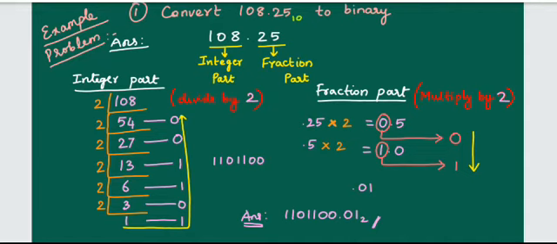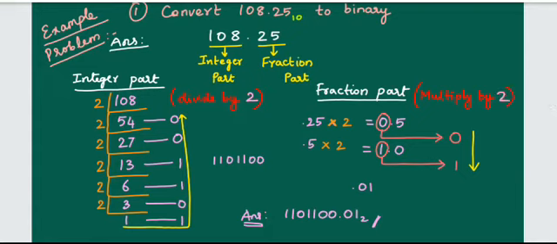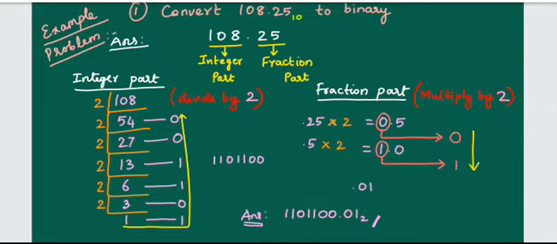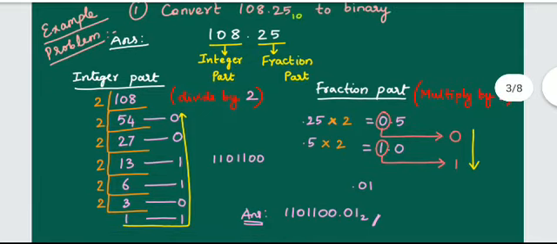Which one is the integer part here? 108. So I am going to divide 108 by 2, and continue this division till one value is obtained. 108 divided by 2 gives quotient 54, remainder 0. 54 gives 27, remainder 0. 27 gives 13, remainder 1. Then 6, remainder 1. Then 3, remainder 0. 3 divided by 2 gives 1, remainder 1.